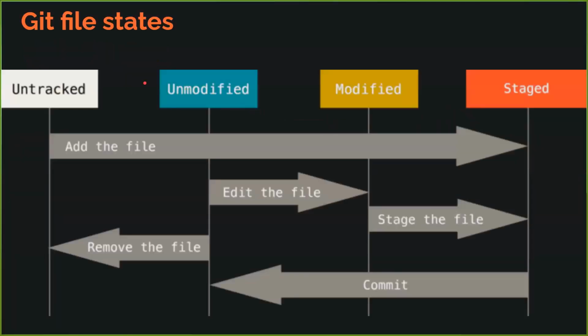So Git file states. Now that you are familiar with Git, let's talk about the file states. So you are in a project and there are these file states. First is untracked. You would not like your project to track all the files. Maybe you want to exclude the build parts, right? Maybe the exe files that you have built.